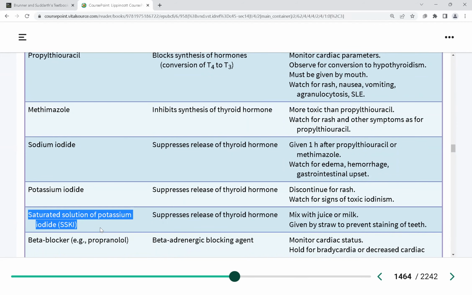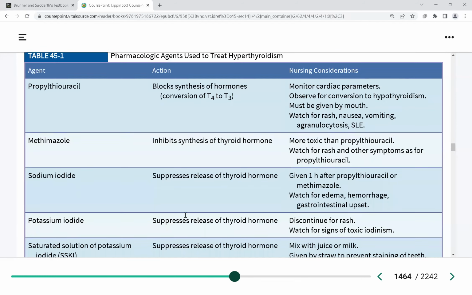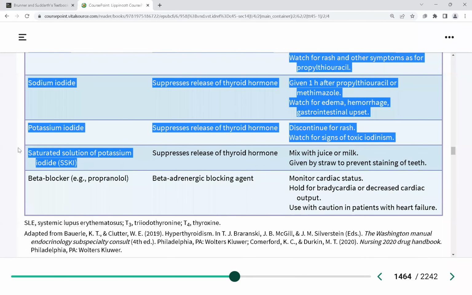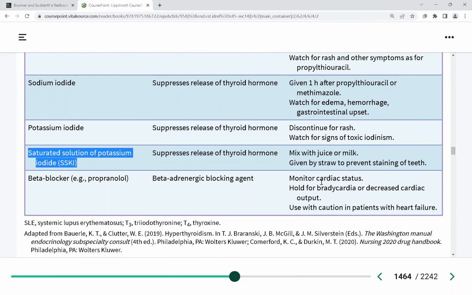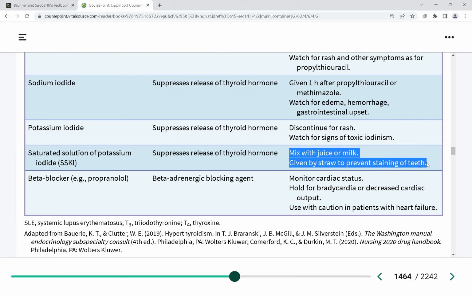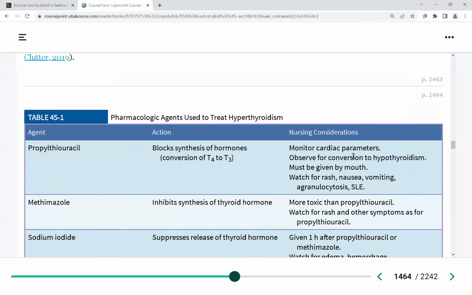This is a saturated form of iodine, an iodine solution. So you give this first, and then 1 hour later, you can give the iodine solution. Okay. And here are the rules. Because this is oral and it's iodine, it can stain your teeth. So you give it with a straw or give it with juice or milk.